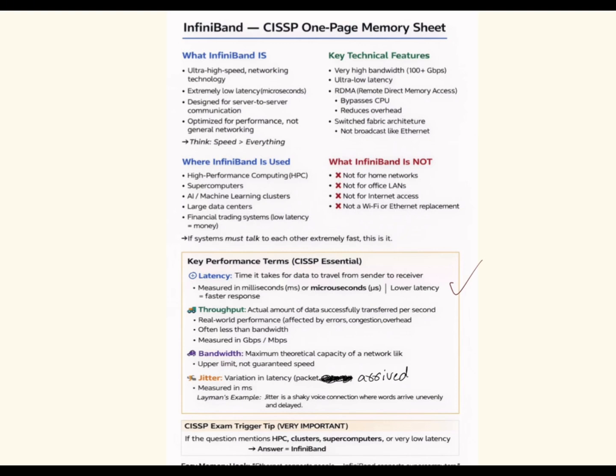Throughput is the actual amount of data successfully transferred per second. Real world performance is affected by errors, congestion, overhead, and is often less than bandwidth.